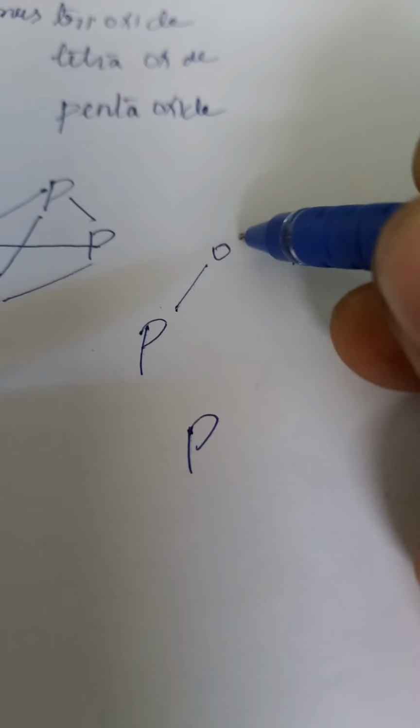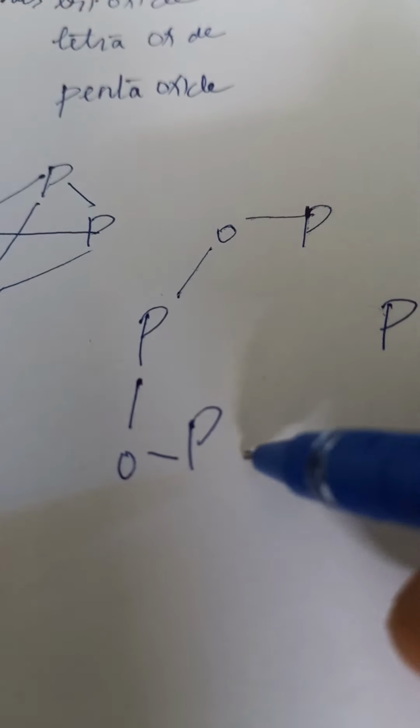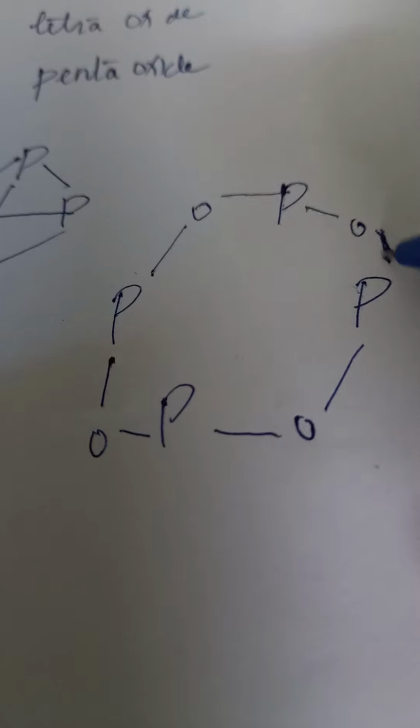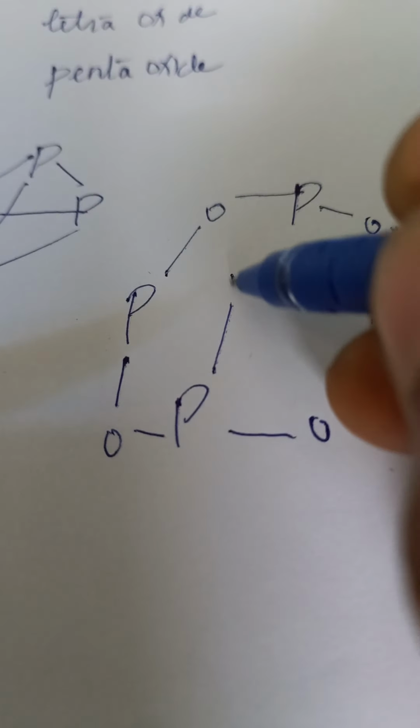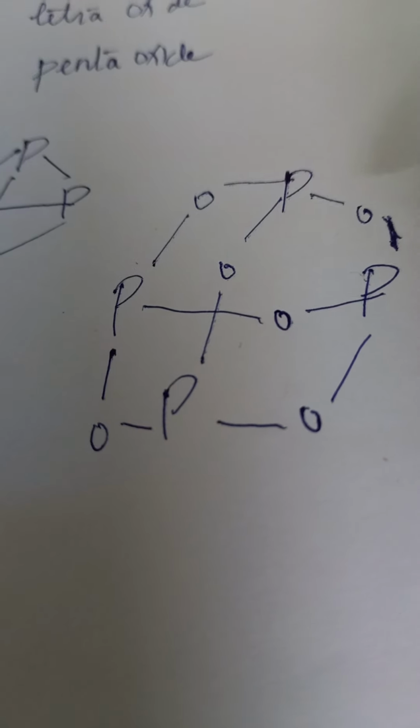Between 1, 2, 3, 4, 5, 6. Phosphorus trioxide formula.